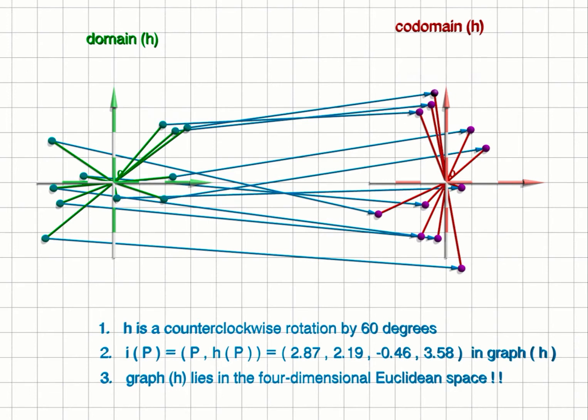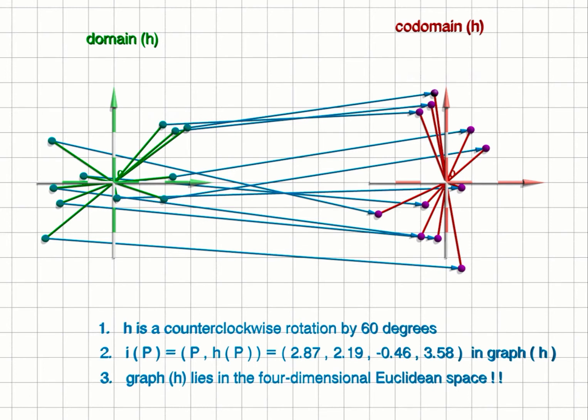Let's draw again the image of the same points, but each of them in the domain is now connected to the origin with a segment. The best way to highlight the rotation is to see the effect of it on some segment instead of just a point.